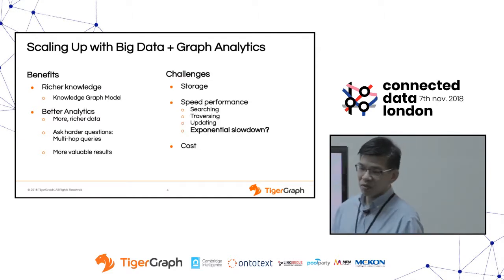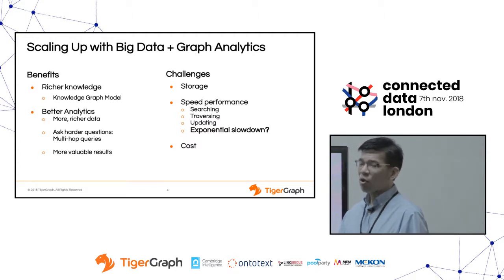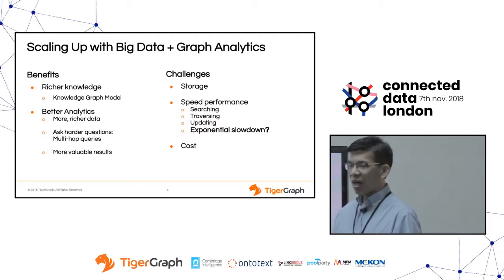But there are challenges. You have to store all that data. Now that we're talking about graph, how are you going to store your graph data, this multidimensional information? How are you going to do it efficiently? If you're going to do more complex analytics, do you have an engine that's properly designed to handle it?